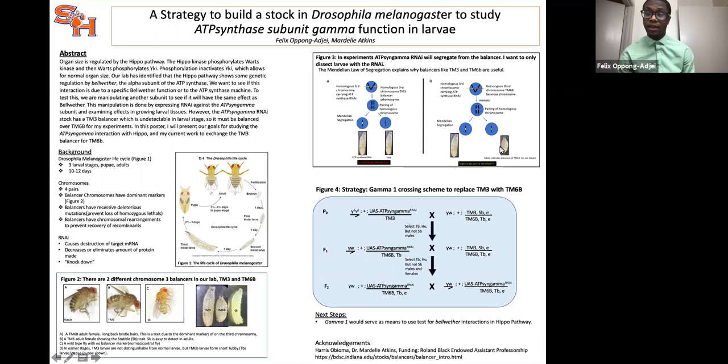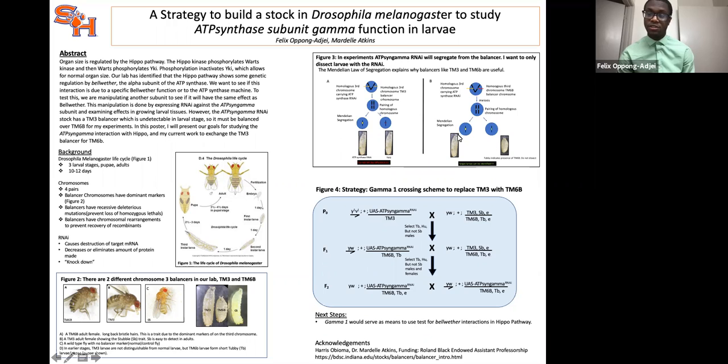And we can know that it has the ATP synthase RNAi balanced over it due to the combinations of the chromosomes through meiosis. So then we know that this is ATP synthase RNAi over TM6B because of the phenotype, that's Tubby, because of the size.